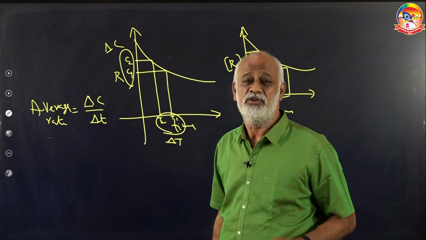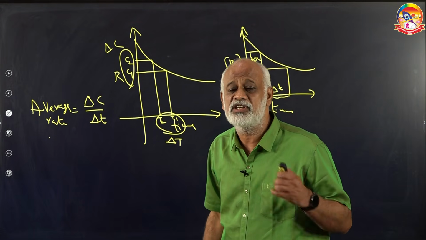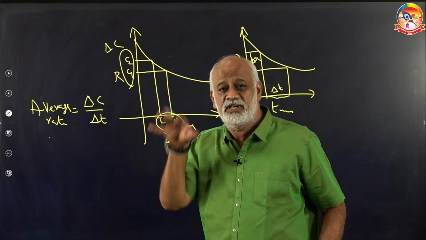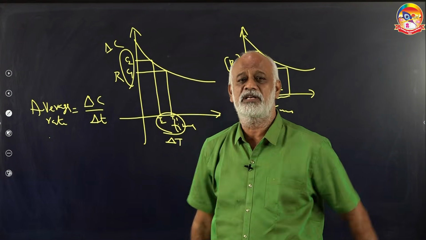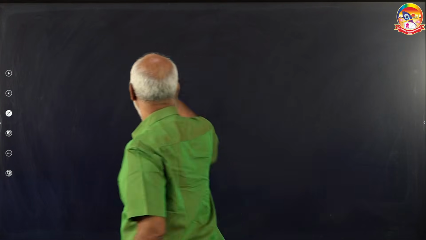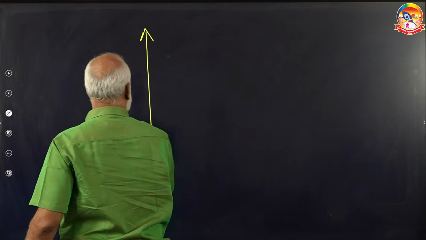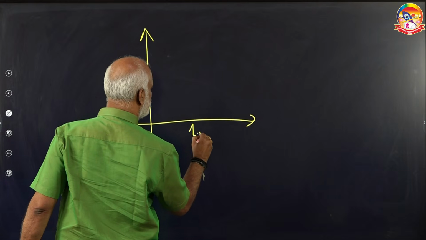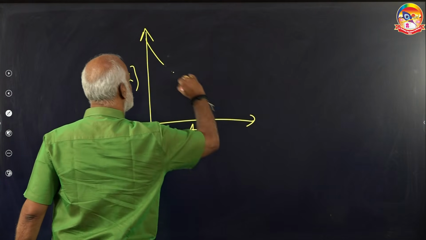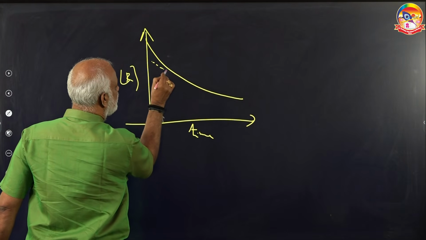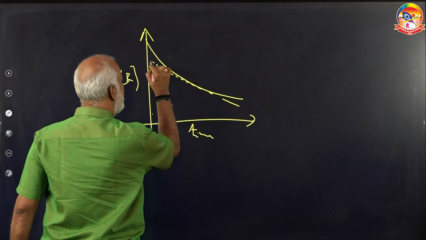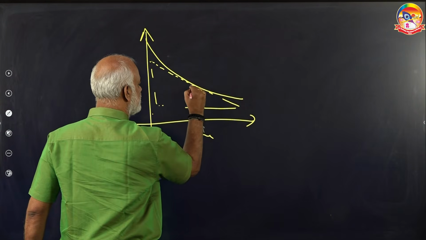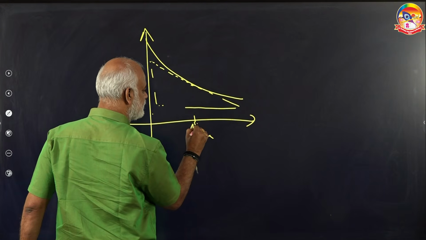But sometimes you want to find what is the rate at the 5th minute, the 10th minute, the 15th minute, at a particular instant. Then what to do? Very simple, the same type of graph is drawn here, and for this graph you draw a tangent, and the slope of this tangent will give you the rate. Let us say this point is the 10th minute.